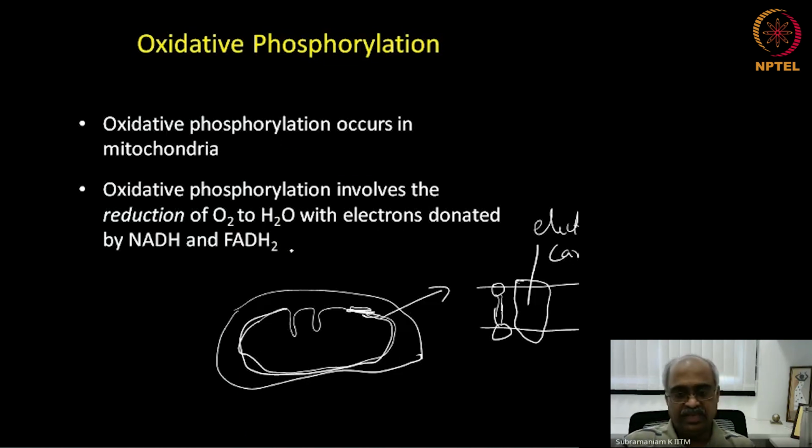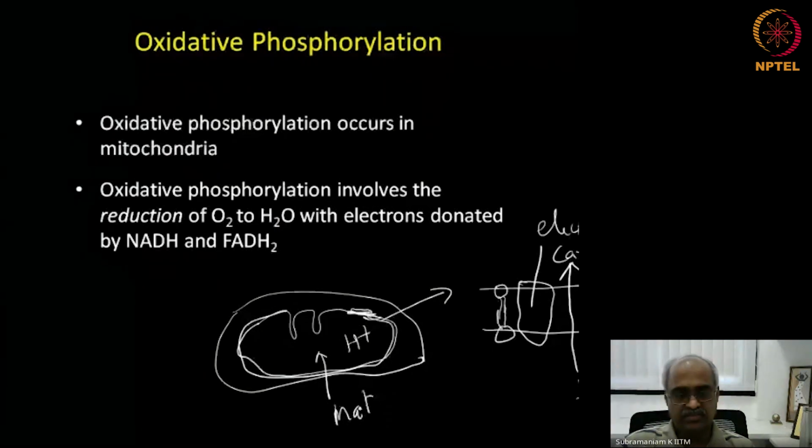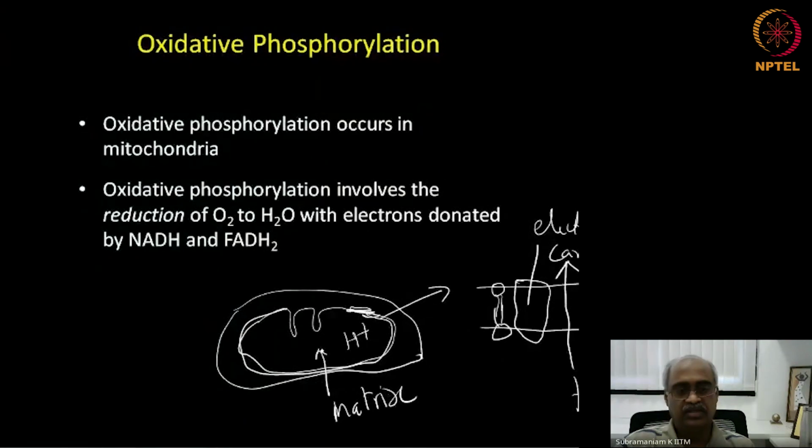As this happens, you are going to have a vectorial flow of protons from this inner side, which is called the matrix, to the space between the two membranes, which is normally called the intermembrane space.